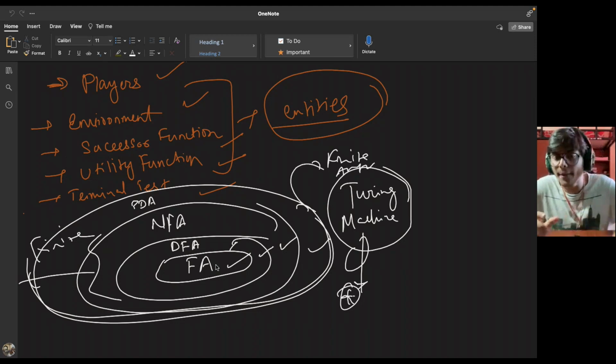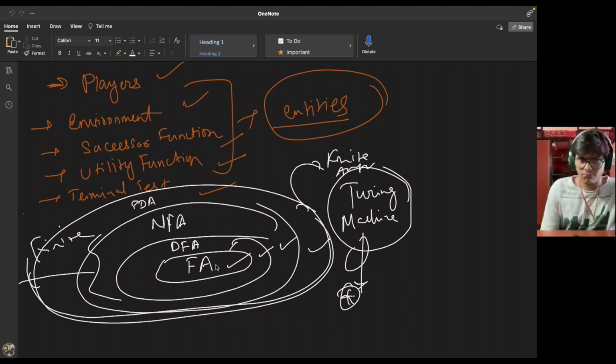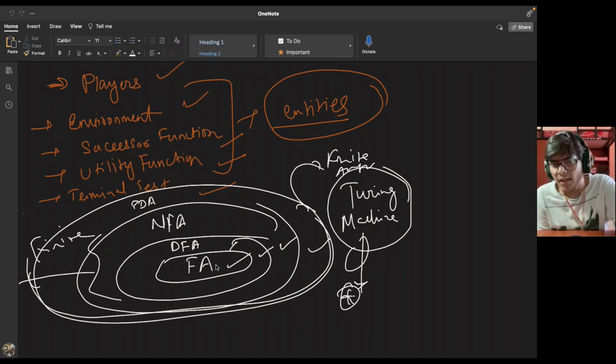So why did I take this topic? Why did this topic come to my mind? Because here we can see that, as opposed to treating players as polynomial bounded Turing machines, that's why in game theory, finite automata are now frequently employed.